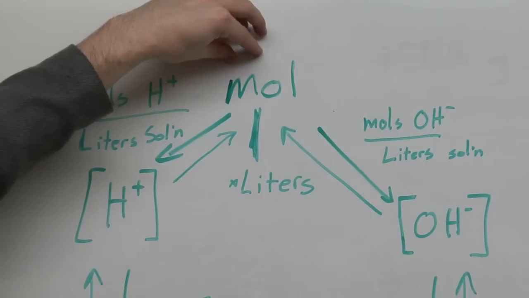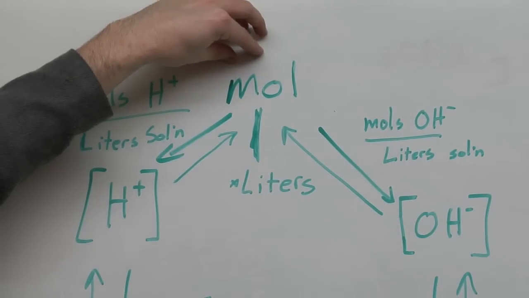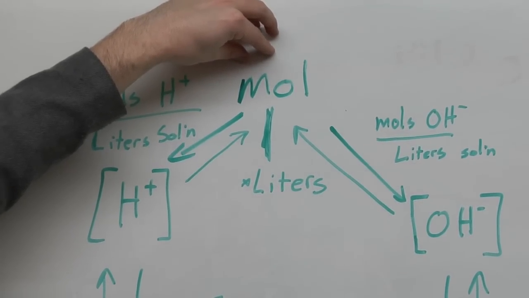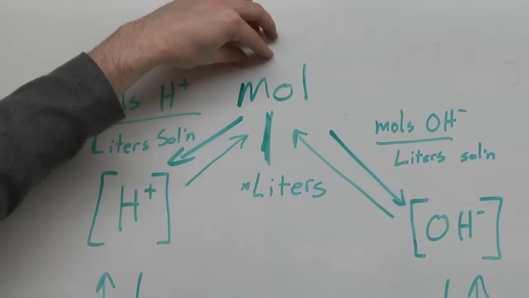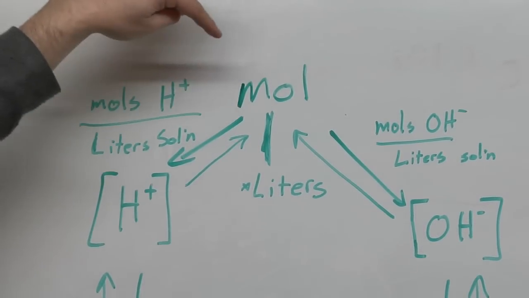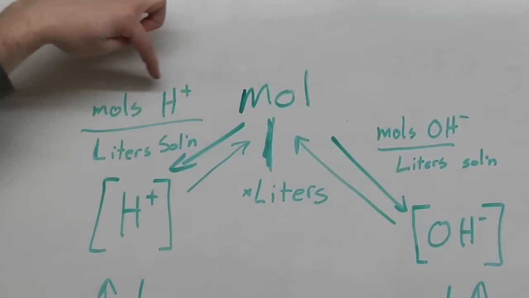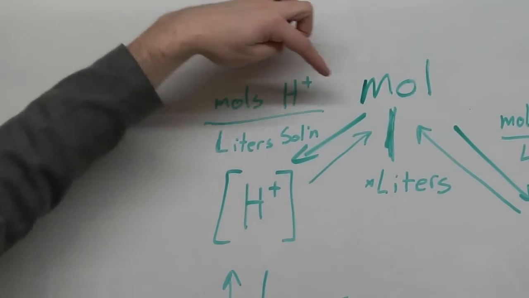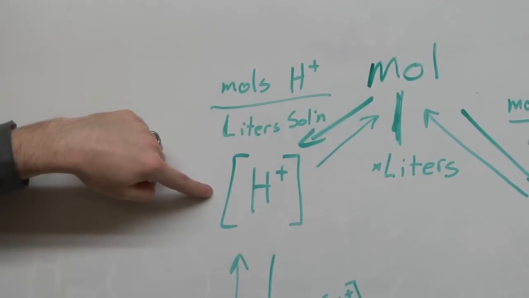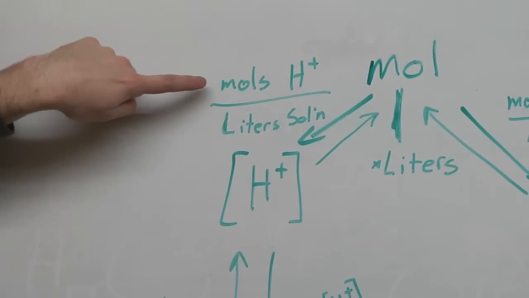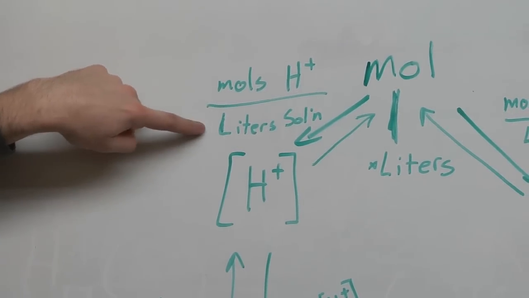And then we're going to work our way toward finding either the pH or something very closely related called the pOH. But we'll work toward the pH first because that's the more common. You start with moles of hydrogen. And in order to go down this little map, we need to get to the concentration of hydrogen, which is simply moles divided by liters.